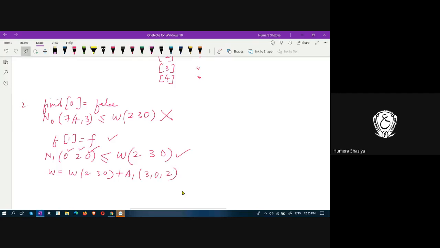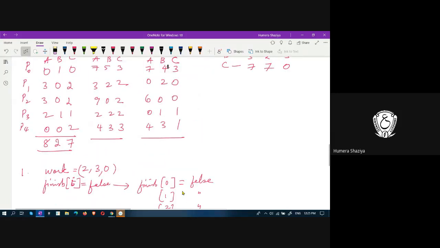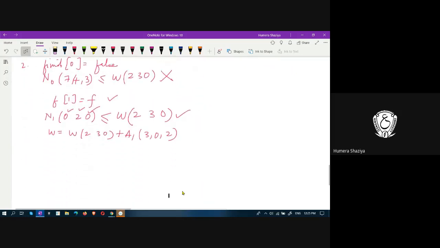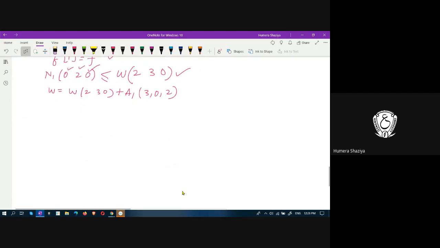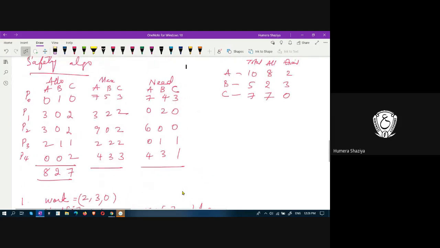If you check here, this is the allocation of P1, right? Yes, 302.